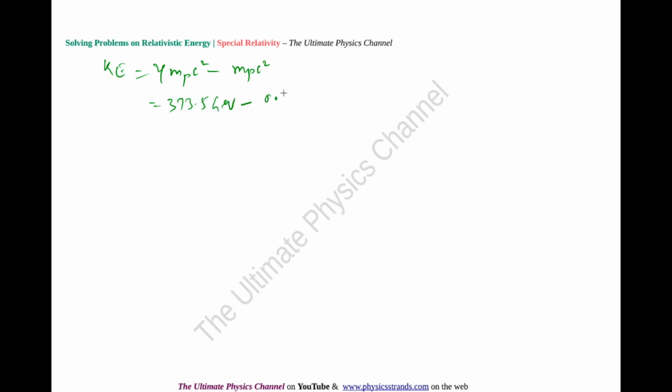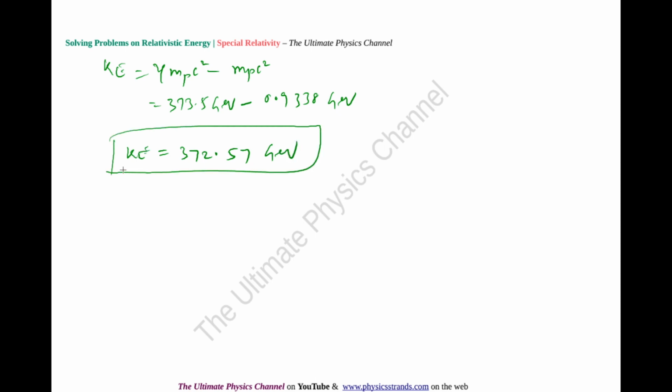Rest mass energy is 0.9338 GeV, and therefore the kinetic energy is 372.57 GeV. This is the kinetic energy of this proton. So we have calculated both the speed as well as the kinetic energy, which are our two parts in this problem.